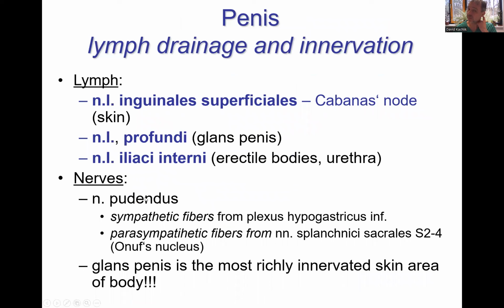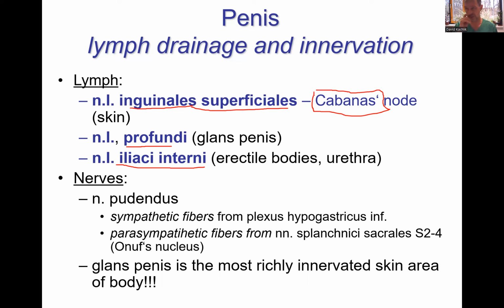Concerning the lymph drainage, it follows the veins. So it goes into internal iliac from the deep, but from the glands and from the skin, it goes to inguinal. From the glands directly to deep, but from the skin, which is the most important for carcinoma, it goes to superomedial part of the superficial inguinal lymph nodes, and we have here so-called sentinel lymph nodes, called Cabanas lymph node.